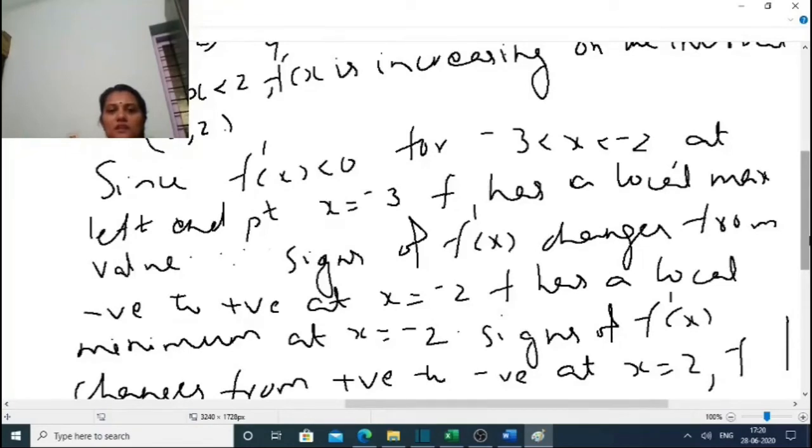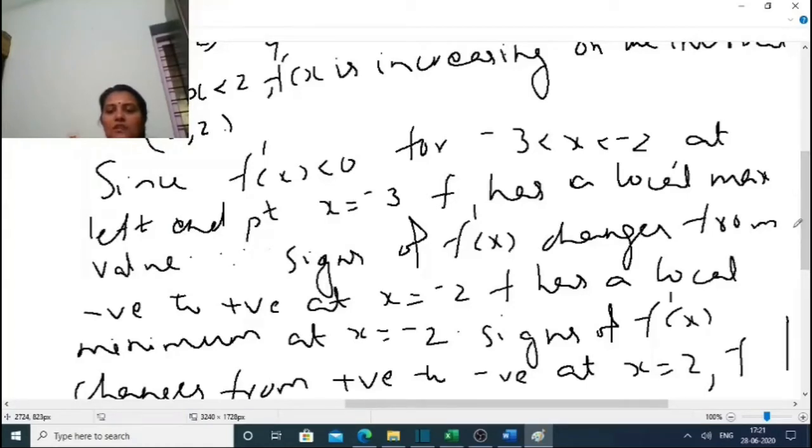Since f dash x less than 0 for minus 3 less than x less than minus 2, at the left endpoint x equal to minus 3, f has a local maximum value. Since the sign of f dash x changes from negative to positive at x equal to minus 2, f has a local minimum at x equal to minus 2.